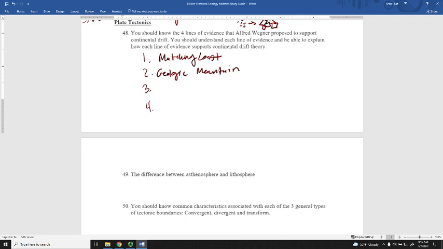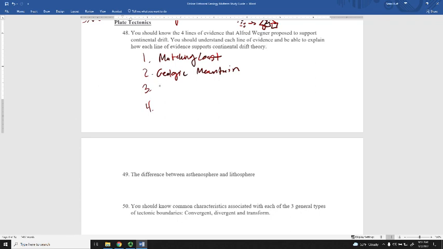So you find the same exact rock units on South America as you do on Africa. That's because South America and Africa fit together perfectly, nice and snug, and you also find the same exact rocks on either side of the coast. So that's what we mean by matching geology, matching mountain types, things like that.